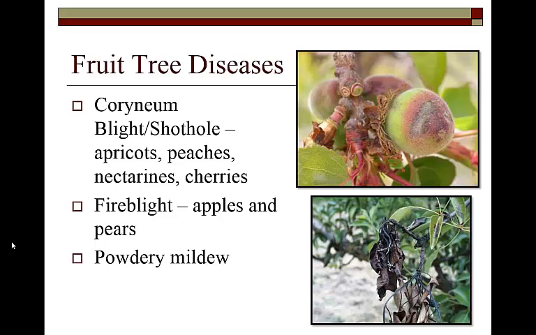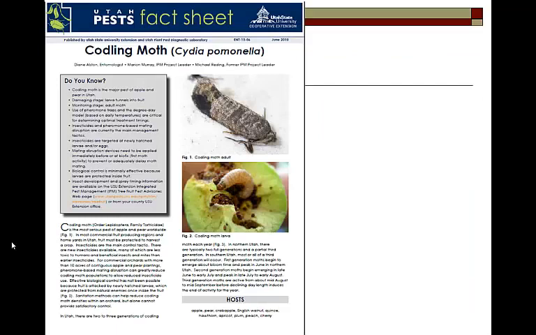If you're not familiar with fire blight, this is what it looks like early on in the season. This is what coryneum blight looks like on peaches and apricots. Now for a homeowner, you might look at that and say, that's fine, I don't really care. But if you're a commercial person taking that to a farmer's market, we like clean fruit. We don't want to have damage done to it. So you might look at that.